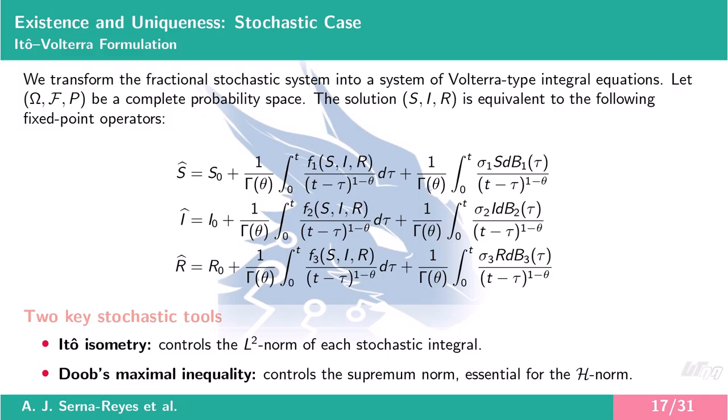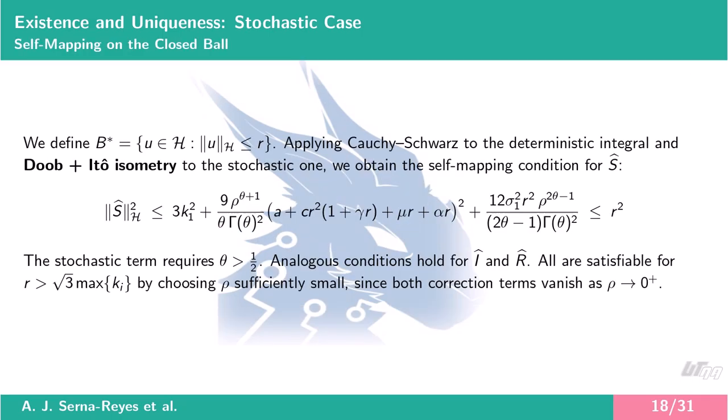There are two important tools used throughout the analysis: the Ito isometry and Doob's maximal inequality. Working inside a closed ball B star in the solution space, we show that the fixed-point operator maps this ball into itself. The estimate for the S component is shown here.